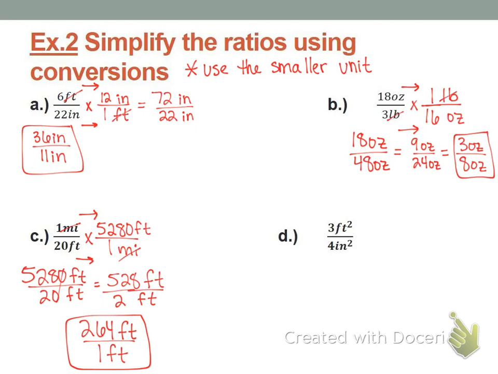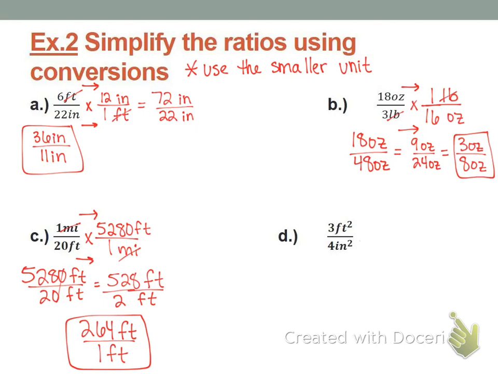All right, letter D. If you were good with your unit conversions in chemistry, this one might not be so tricky for you. If we have feet squared over inches squared and we're trying to get rid of one of those units, we can't just use one conversion factor one time. We're going to have to use it twice. If we've got feet squared and we're trying to get rid of feet and feet, we're going to have to do it twice.